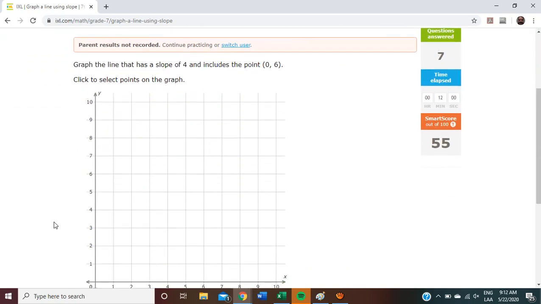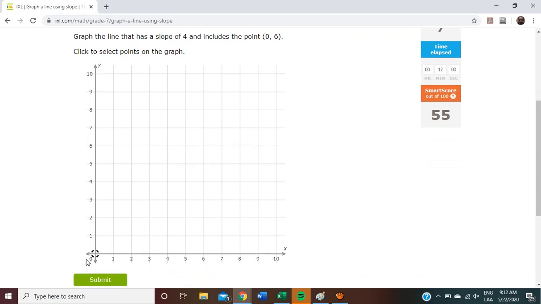Slope of 4, we have to include (0, 6), and slope of 4. So 1, 2, 3, 4, and only 1 to the right. Okay, a reminder, when we have a whole number and it is a positive number, we go up the number that it says, and to the right only 1.